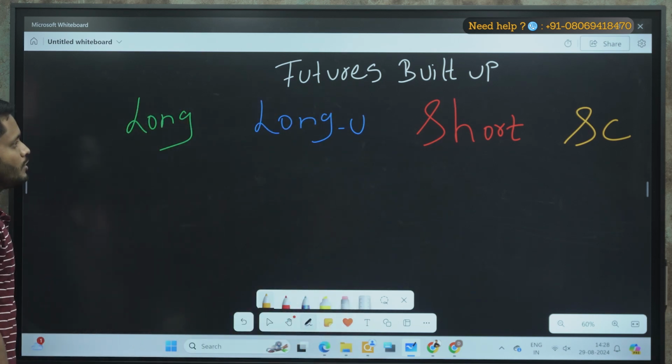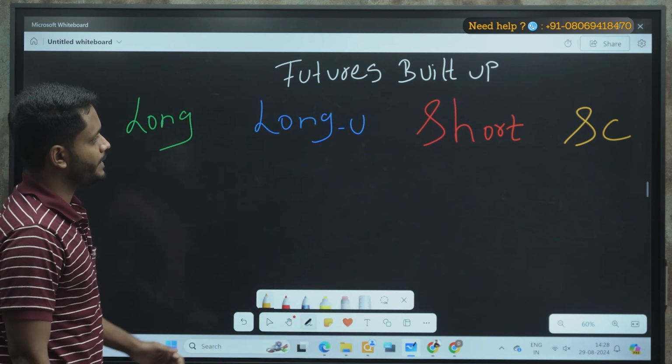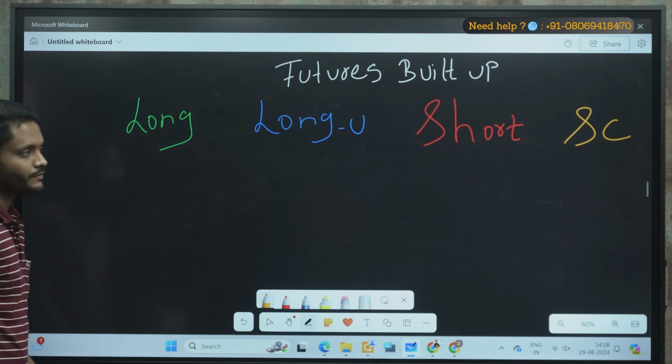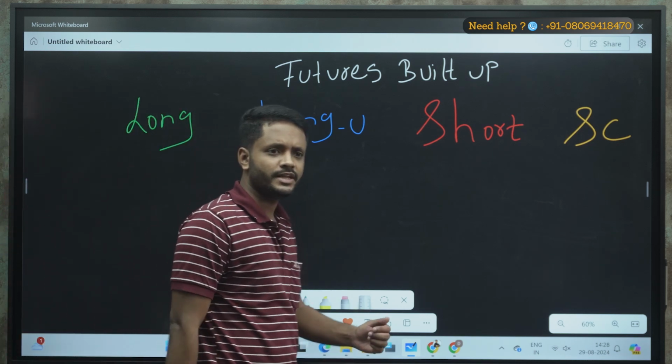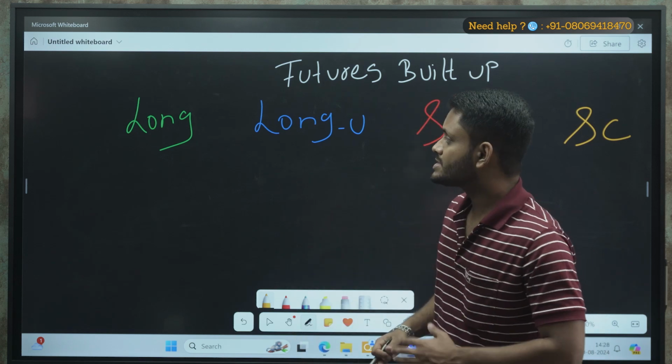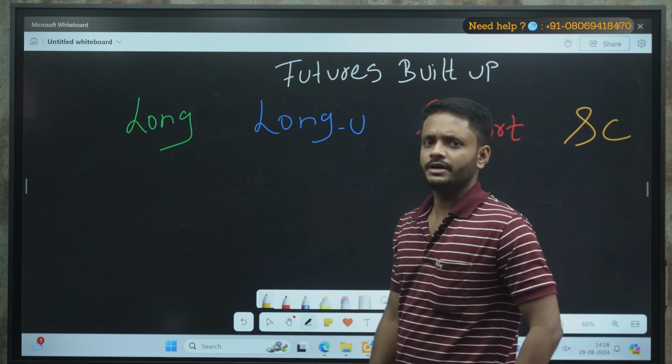So what is long build up, what is long unwinding, what is short build up, and what is short covering? This is very important and very basic to start with your analysis.